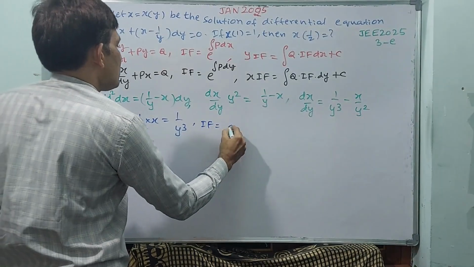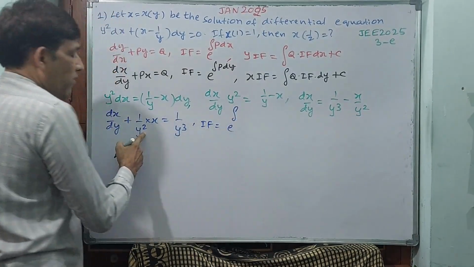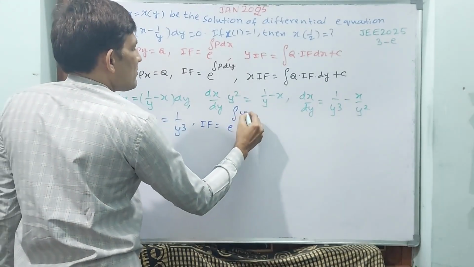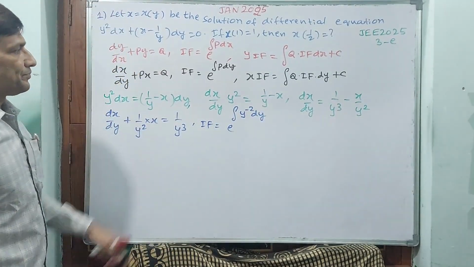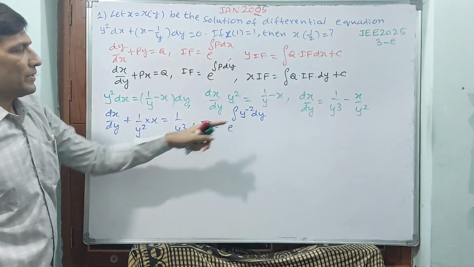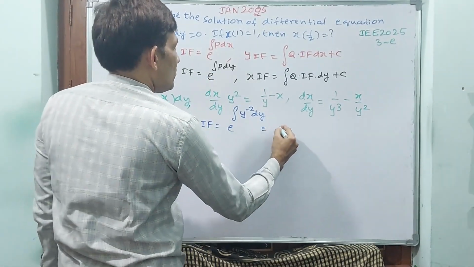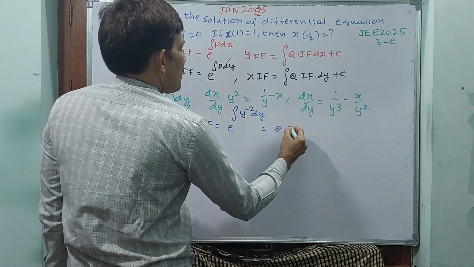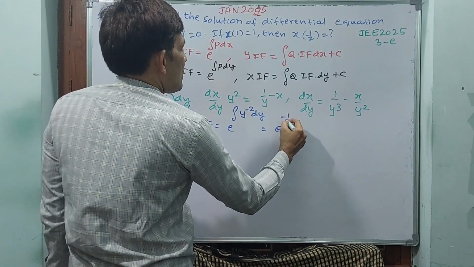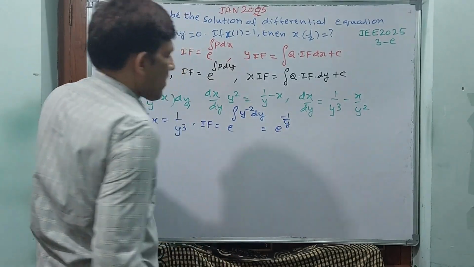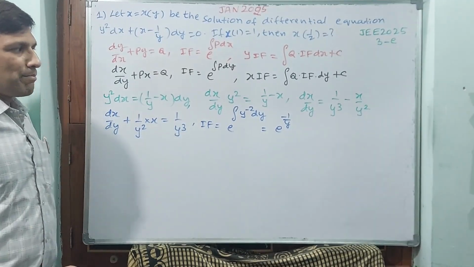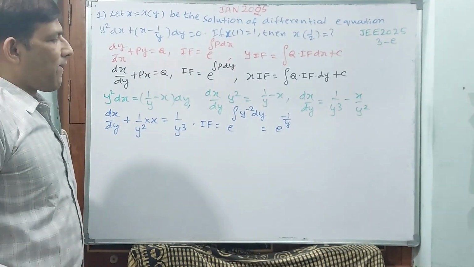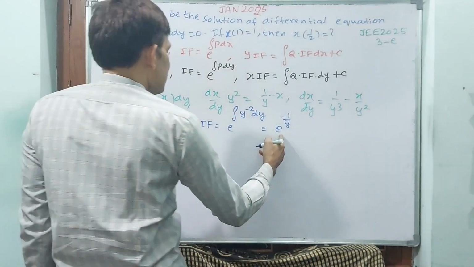The integral factor is equal to e power integral 1 by y square, meaning y to the power of minus 2 dy, which is equal to e power minus 1 by y. What is this? This is the integral factor.